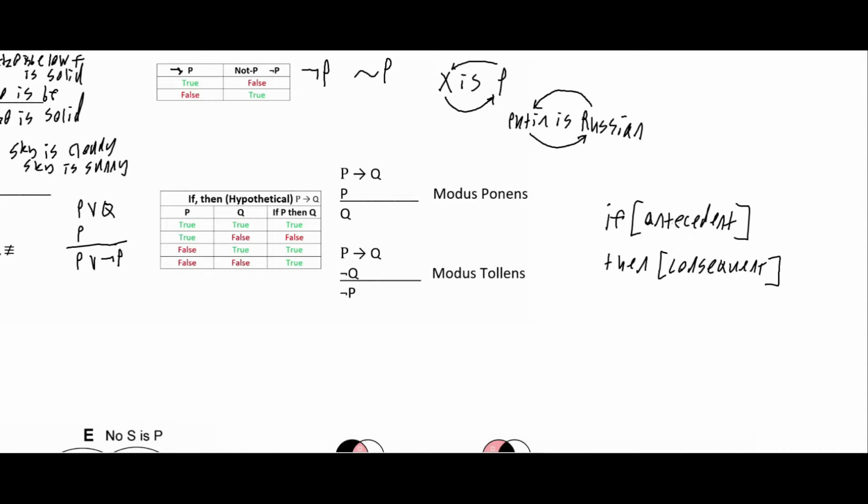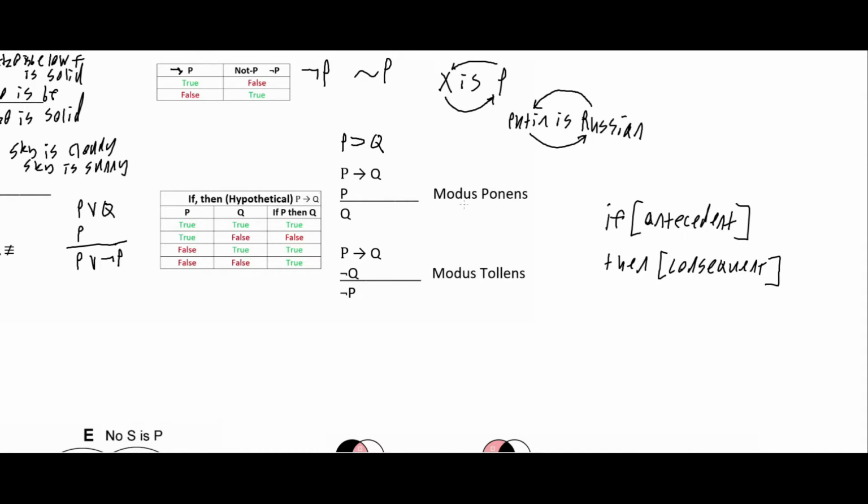So we have antecedent and consequent. So if antecedent, then consequent. And you'll see that written like this. You'll also sometimes see it written with this sideways U looking thing like that. Sometimes you'll see it with the arrow.